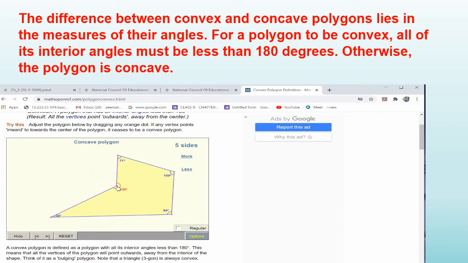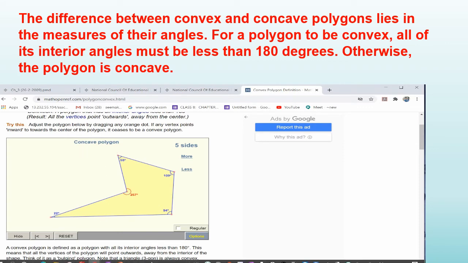Towards the interior, more than 180 and it is inwards. It is not bulging. And it is more than 180, then it is concave.